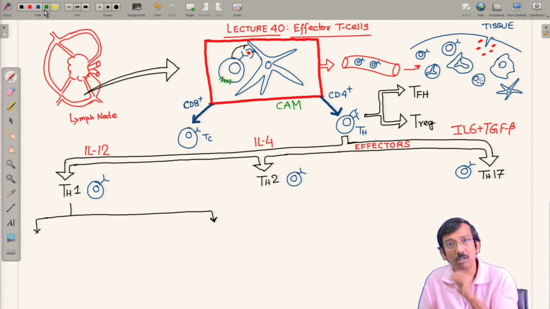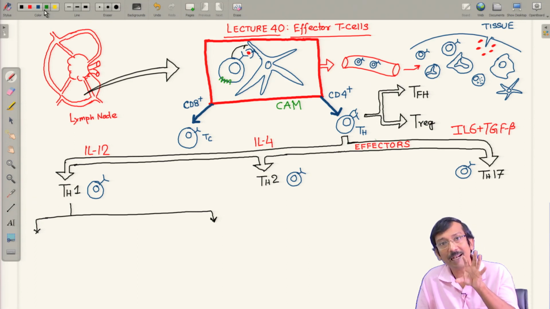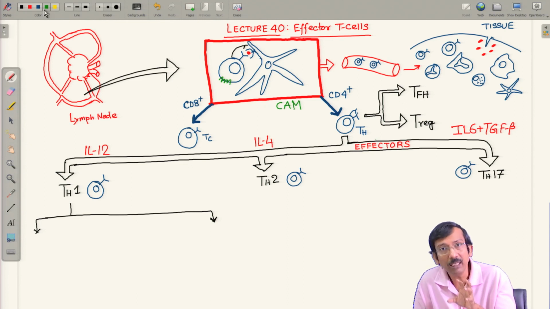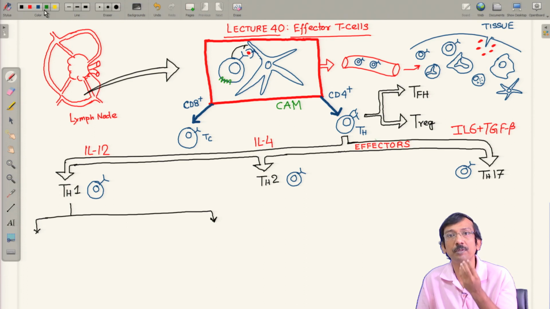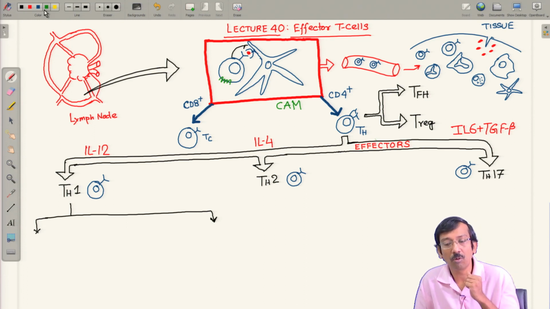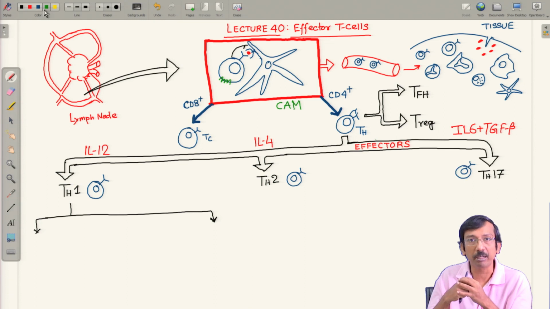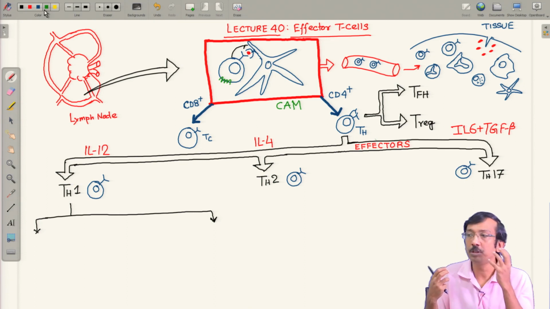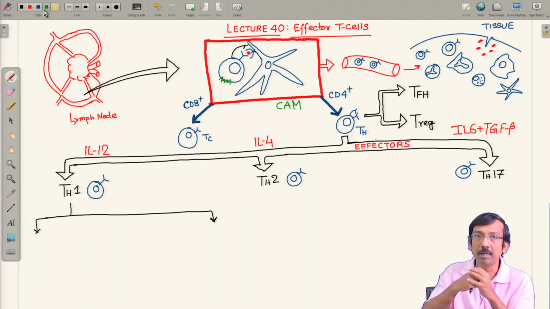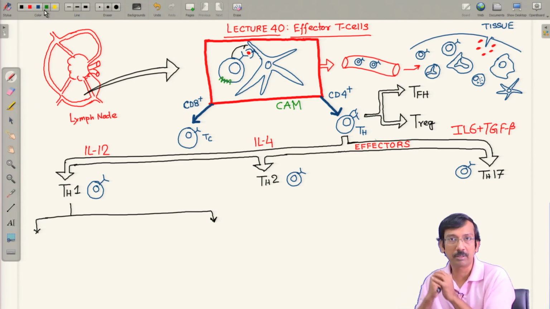Chemokines are small molecules which can attract a cell type by binding to the specific receptors present on the surface of the cell. For example, a chemokine can bind to a specific chemokine receptor, so it is a specific receptor-ligand interaction. The chemokine is the ligand which binds to its specific receptor and attracts or pulls that cell.